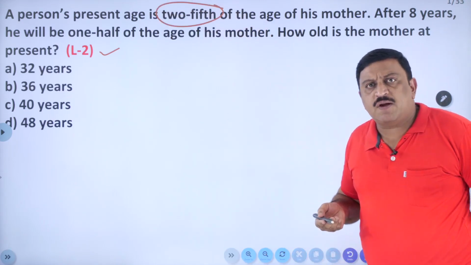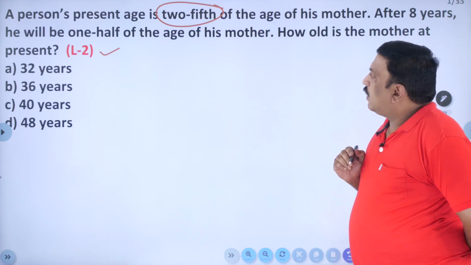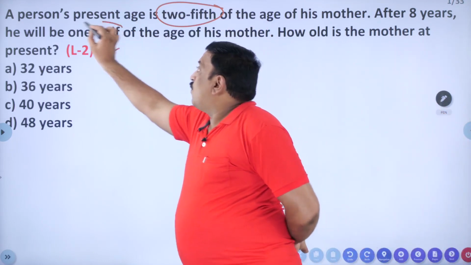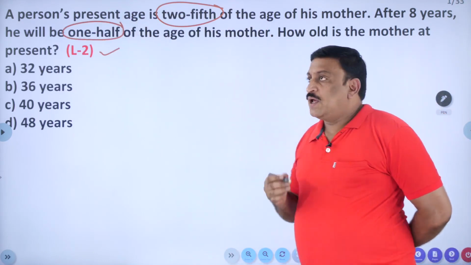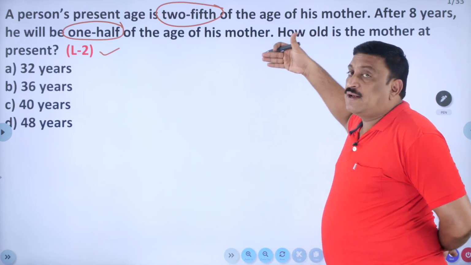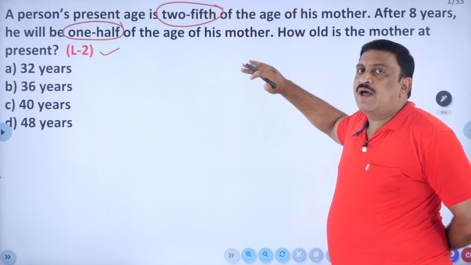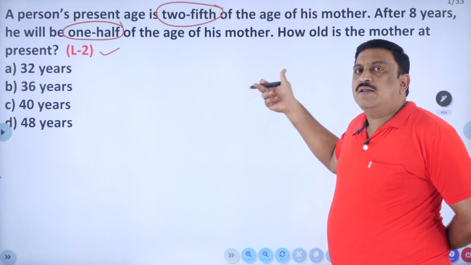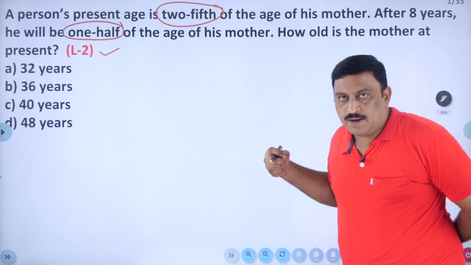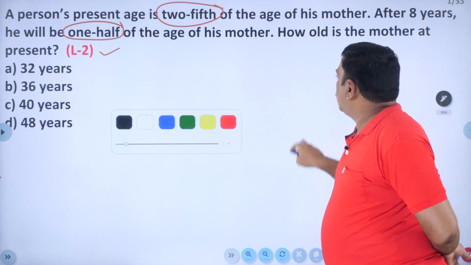But we have done that one already, is it not? And he said here it is 1/2. So the ratios are not given directly, they are indirectly given, and we have to convert and give the answer. So let us start.